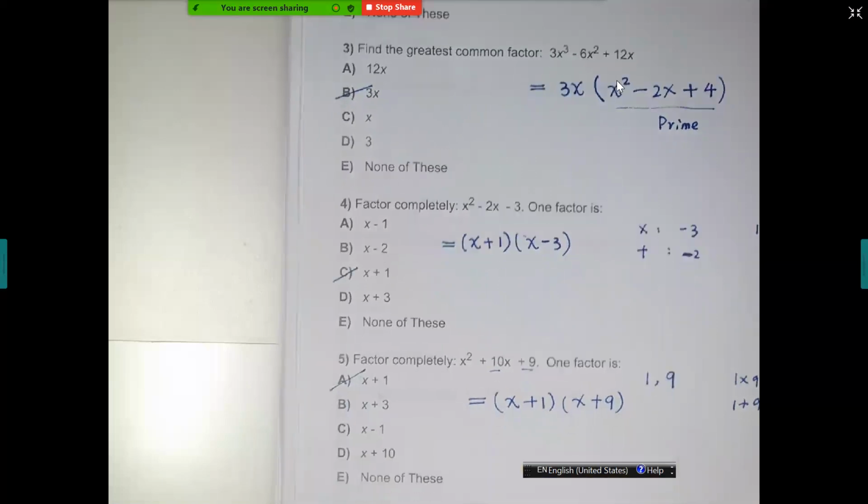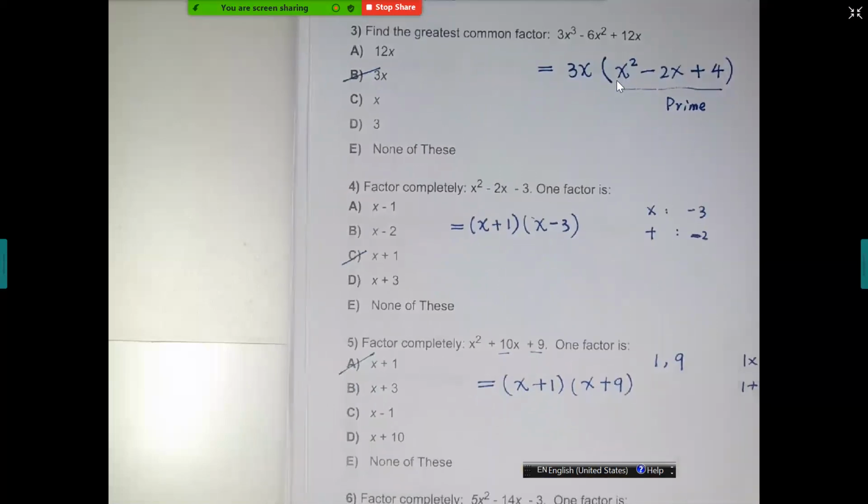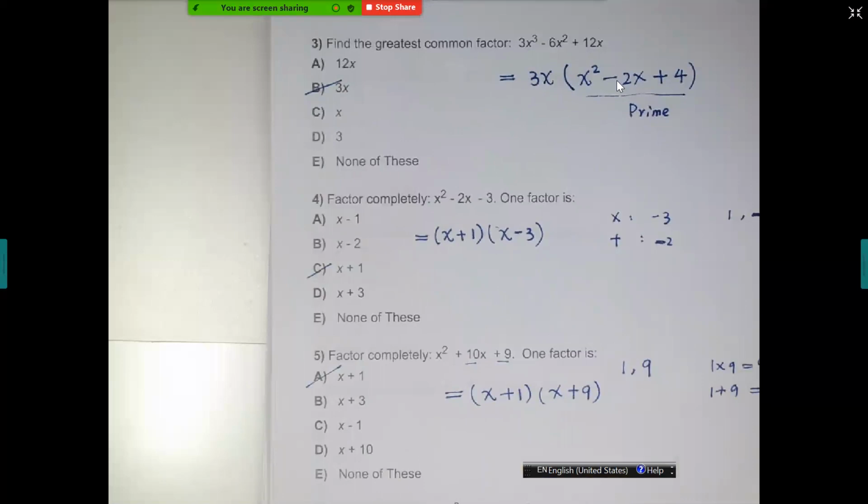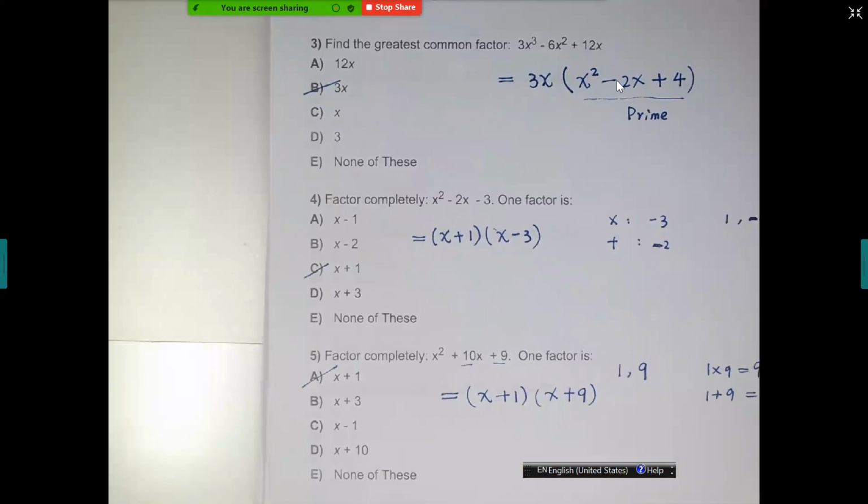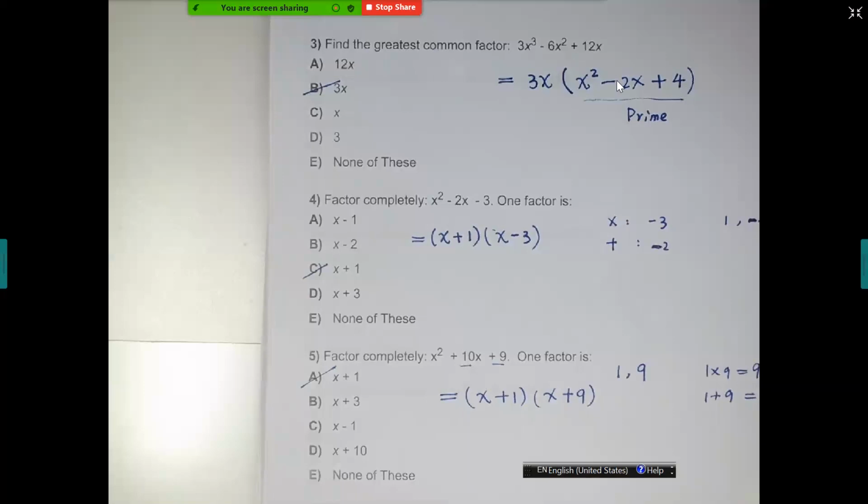So numbers 4 and 5, that is the second topic: factor the trinomial when the leading coefficient is 1. The next one will be a little bit harder, the most challenging factoring problem. When we have a trinomial whose leading coefficient is not 1 anymore, remember my words here, I cannot stress that more.